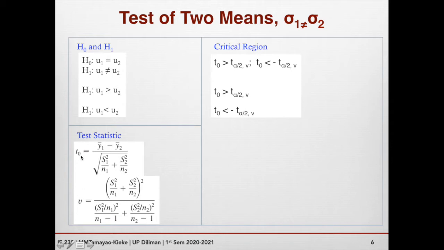So for our T naught, it is equal to y1 bar minus y2 bar all over square root of s1 squared over n1 plus s2 squared over n2. And of course, our s here are the standard deviations from the sample. And this is how you compute for your degrees of freedom.